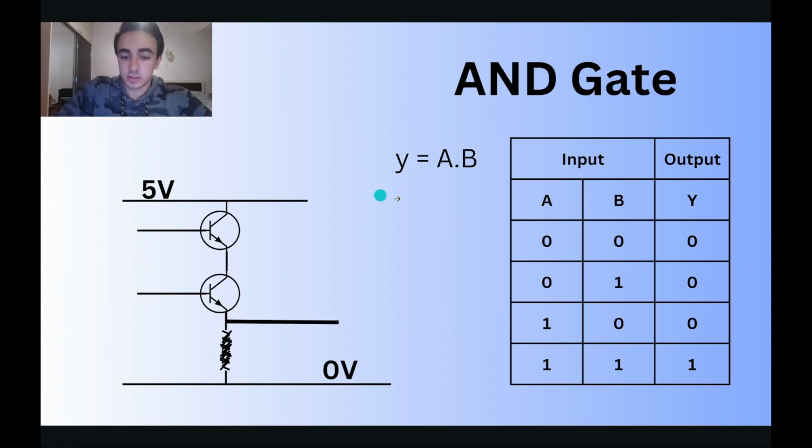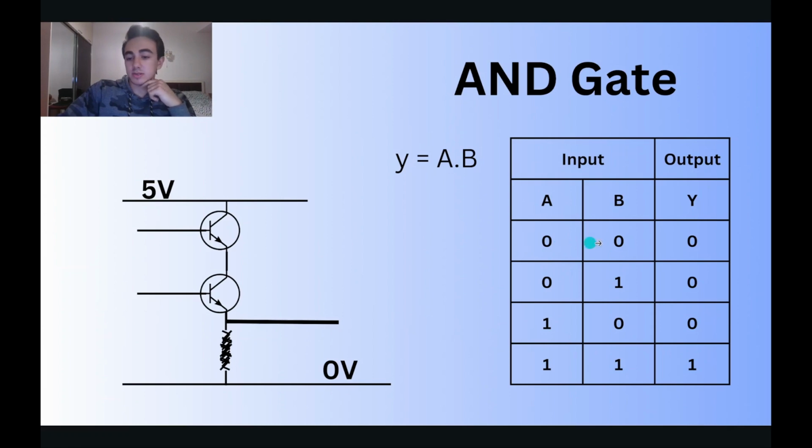So this is a symbolic representation of the AND gate's function. And in the same circuit, in this case we placed two transistors consecutively, and the output and the resistor after them.